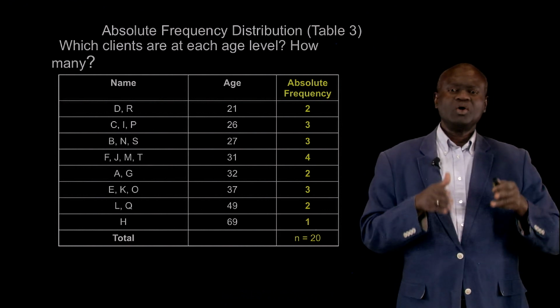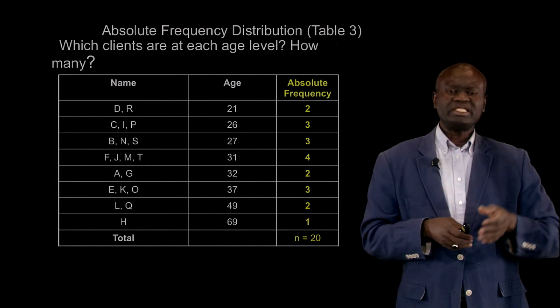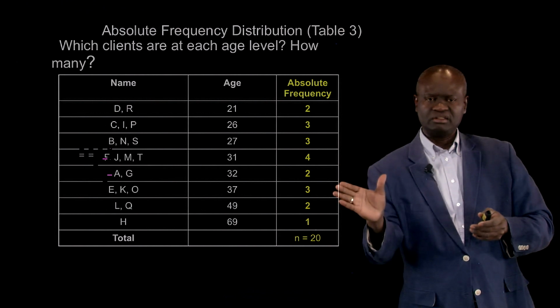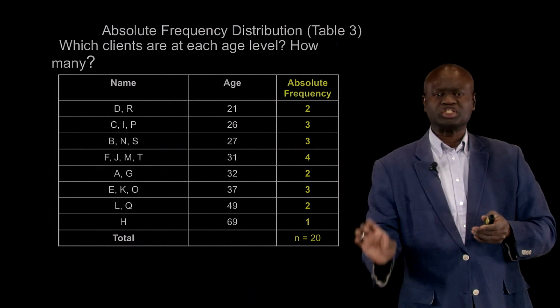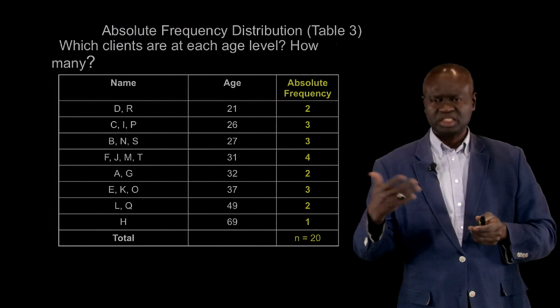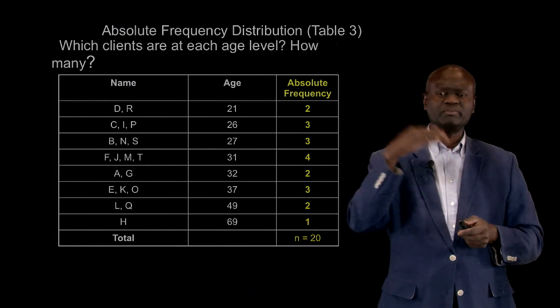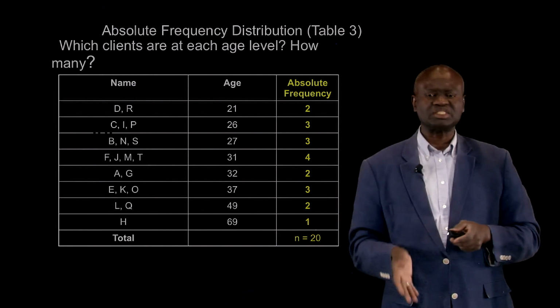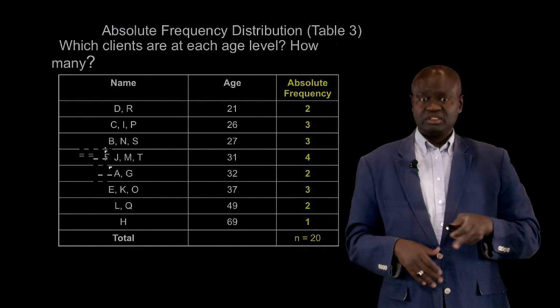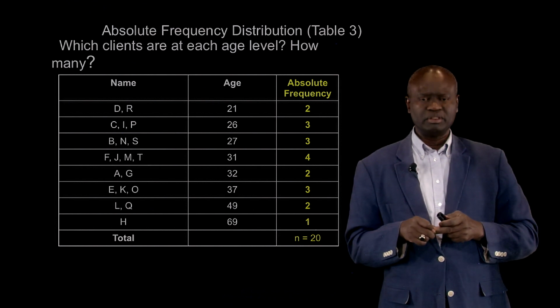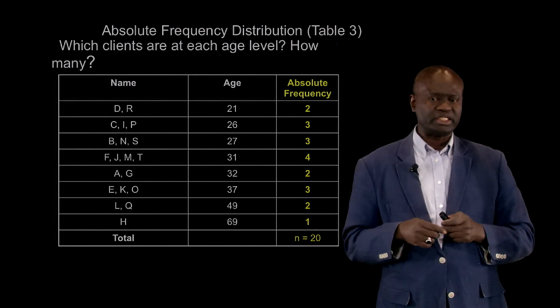You see, that column represents the number of individuals who are this age or that one, 21, 26, and so on. So you count how many people are 21, how many people are 26, how many people are 27, etc. At the end, you count. The number is 20 individuals. N is 20.